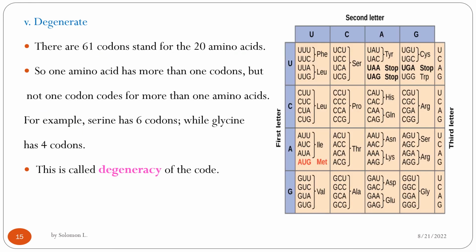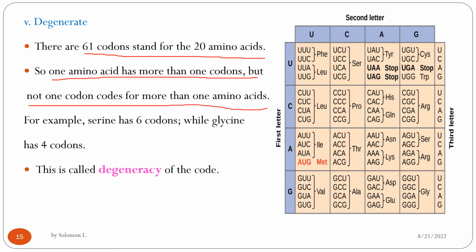The other feature is the degenerate nature of the genetic code. There are 61 codons that code for 20 amino acids. So one amino acid can have more than one codon, but one codon does not code for more than one amino acid. For example, serine has 6 codons.